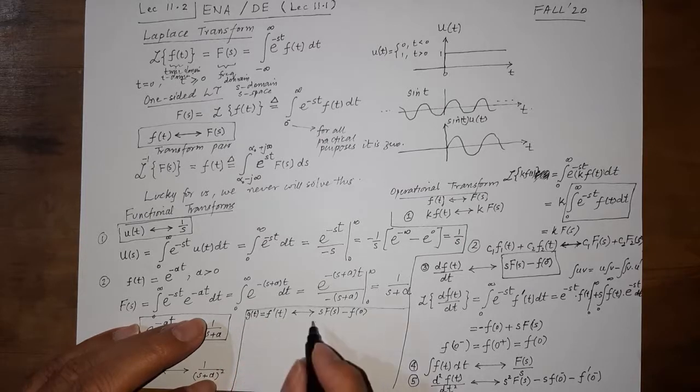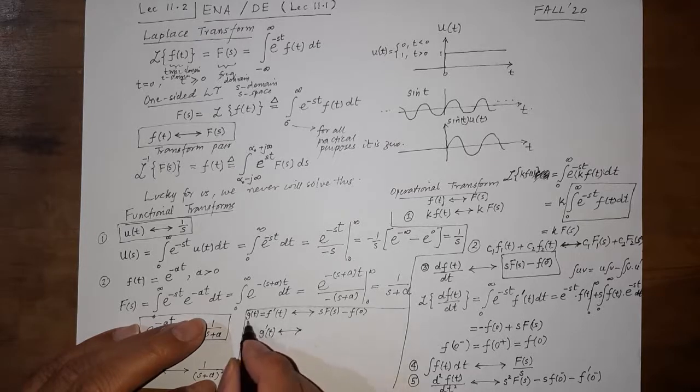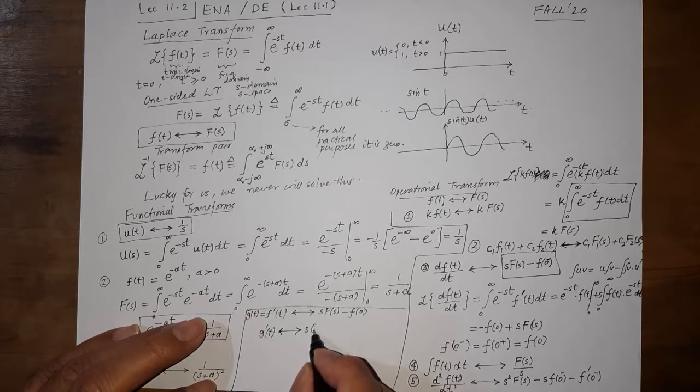G of t is a function of time, right, which is the derivative of f of t. So what is going to be the transform of the derivative of g of t, which in fact will become the second derivative of f of t? The transform of the derivative of a function g of t is going to be s G of s minus g at 0. Now what is G of s?